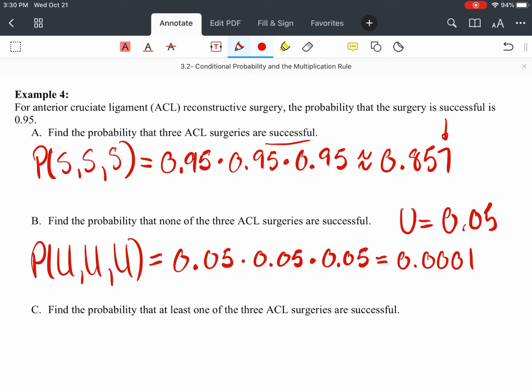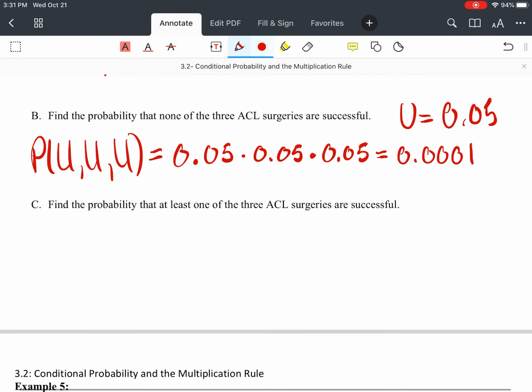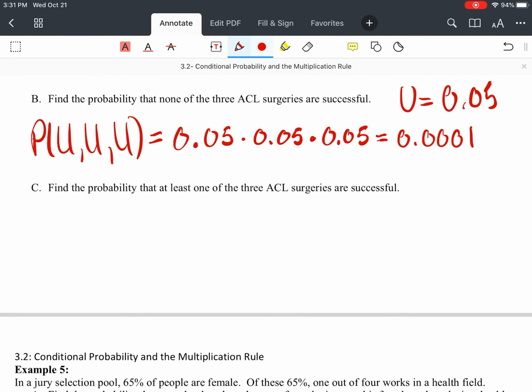That's our probability. If we were to change this into a percentage, it's a really small percent chance that we have 3 unsuccessful surgeries in a row. So that person has to be extremely unlucky to have 3 failures in a row.